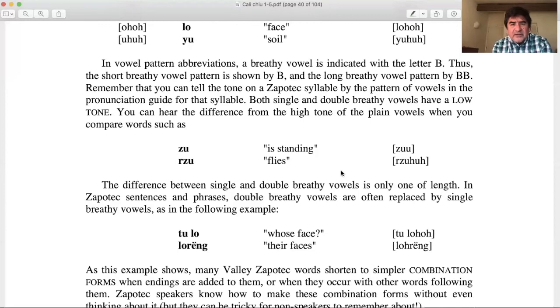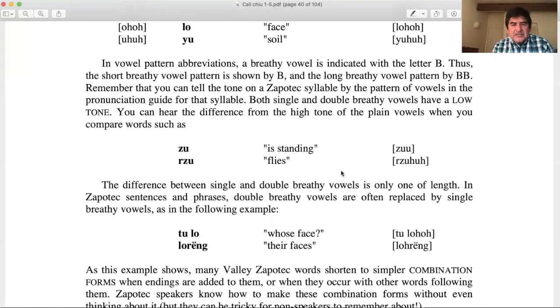If we compare these two next words, they have differences because both of them have two vowels in the pronunciation guide, right? In the brackets, we have two vowels together, but one is a vowel and the other is a vowel H. And hopefully by now you can recognize what an H means with a vowel.